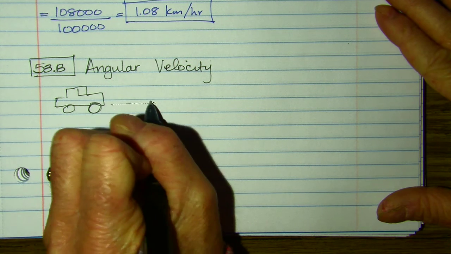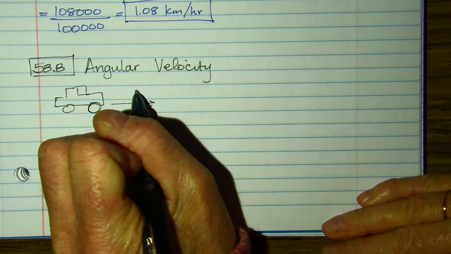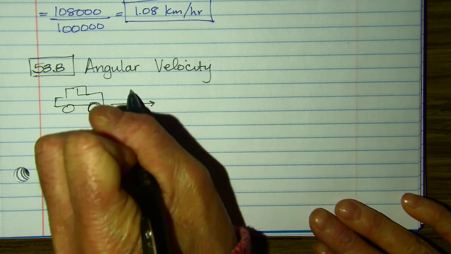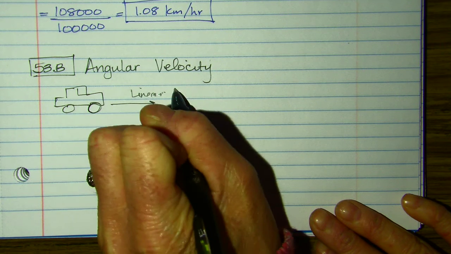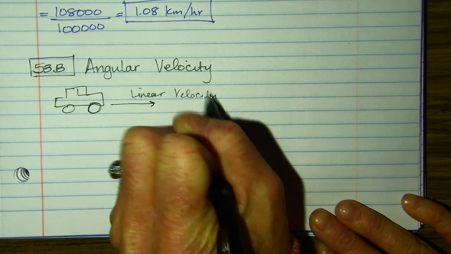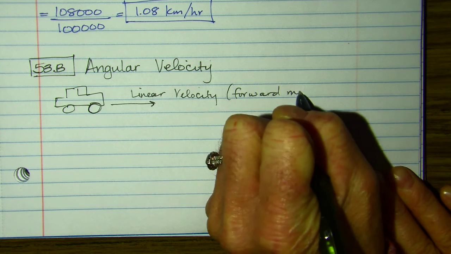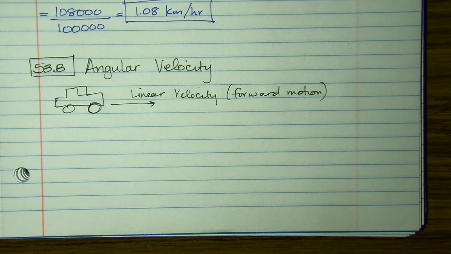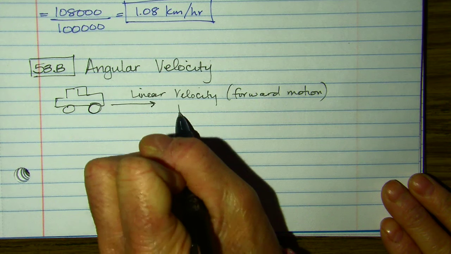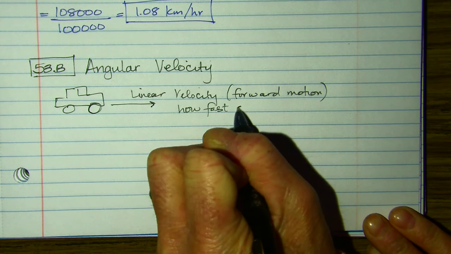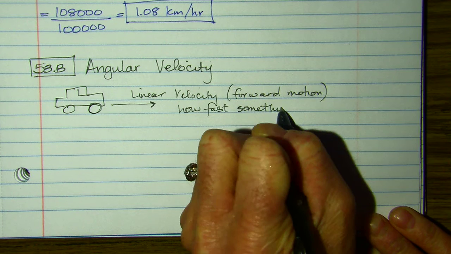My car is moving forward, so the forward motion would be my linear velocity. Linear velocity is how fast something is moving forward.